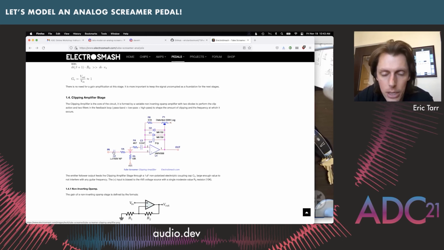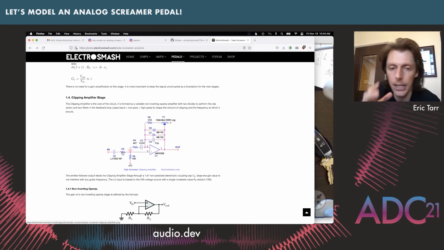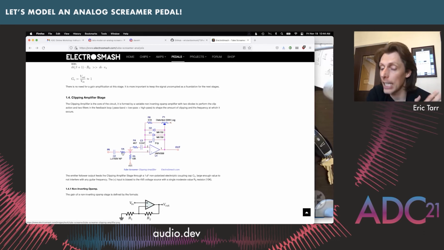So I'm going to ignore these components right here and just say we have Vin over here at the positive terminal of the op amp. Technically, they're there to help with the other sections of the circuit to make sure there's no DC offset that's getting blocked by this one.